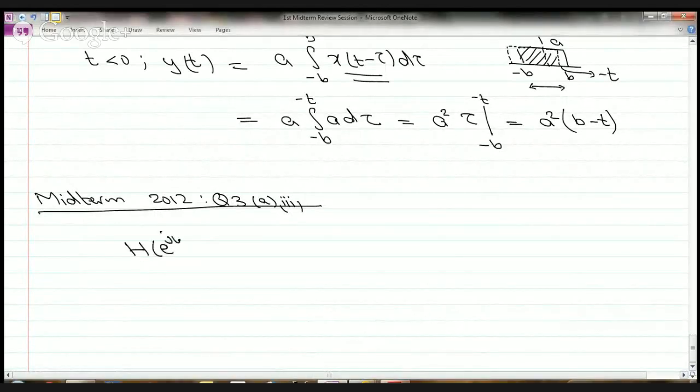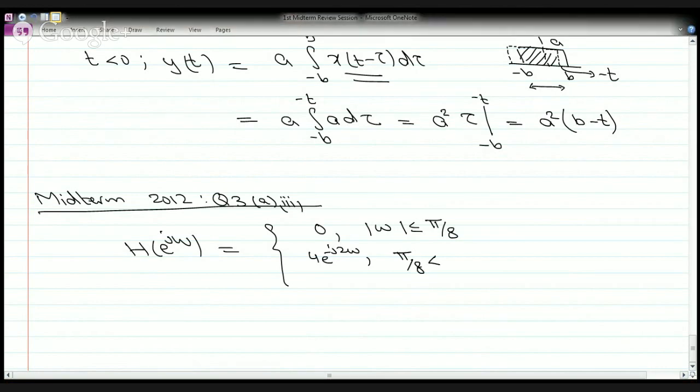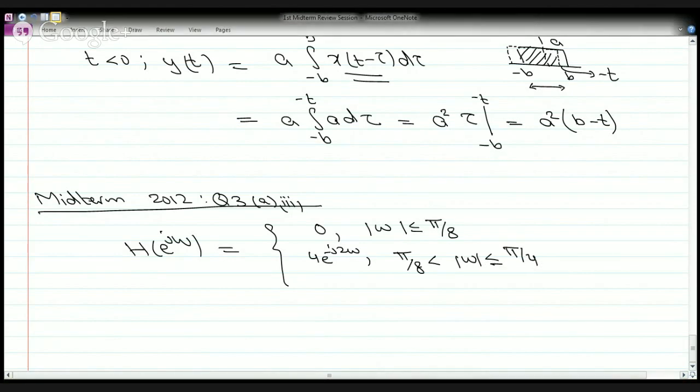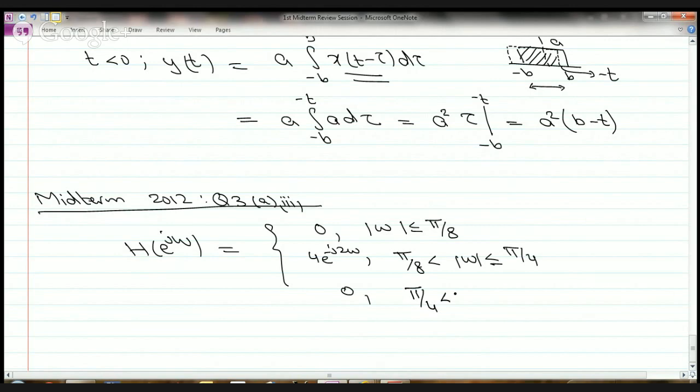After doing the multiplication, we found out that it is equal to 0 for absolute value of omega less than or equal to pi by 8. It's 4 e to the minus j2 omega for pi by 8 less than absolute value of omega less than or equal to pi by 4. And it's 0 between pi by 4 and pi. And then, of course, it repeats itself.